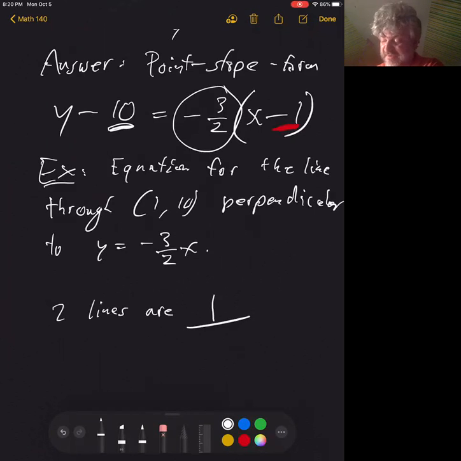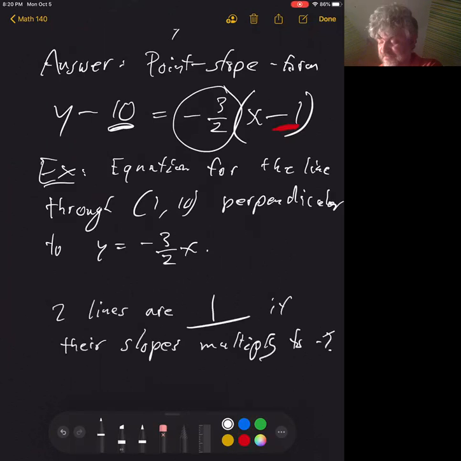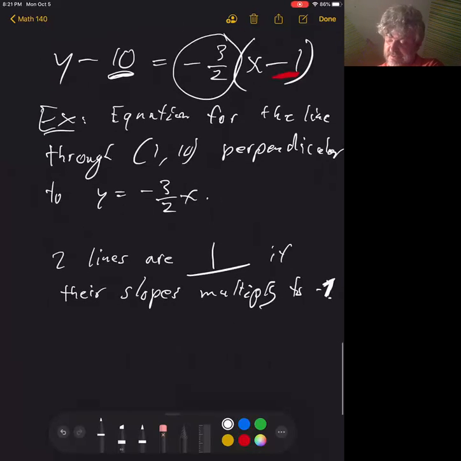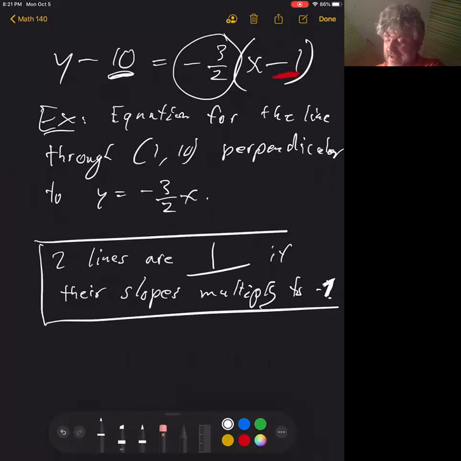That means perpendicular if their slopes multiply to -1. That is the breakthrough. That tells you what slope we need for our desired line.